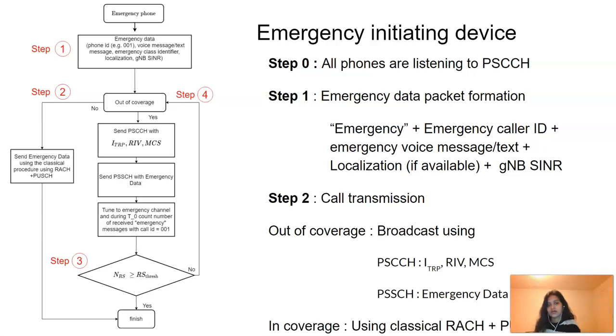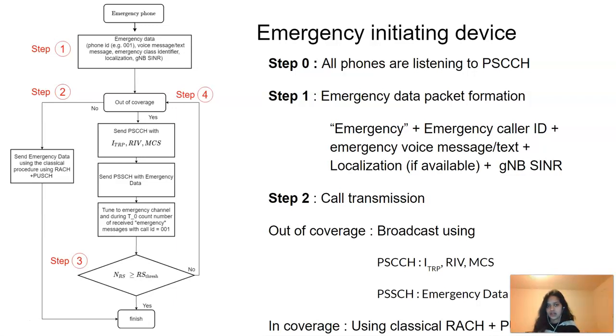In the next step, the call will be transmitted, and the call transmission is different when it is under coverage and when it is out of coverage. When it is under coverage, it will send the call directly to the network infrastructure using the normal procedure, using the random access channel and the physical uplink shared channel.